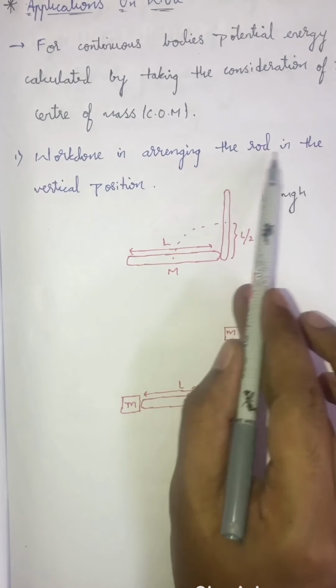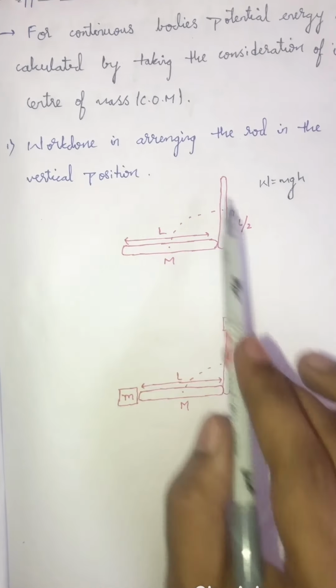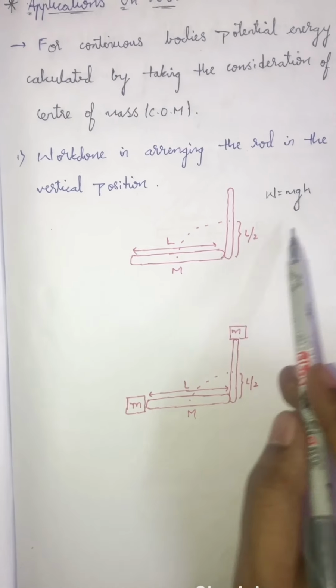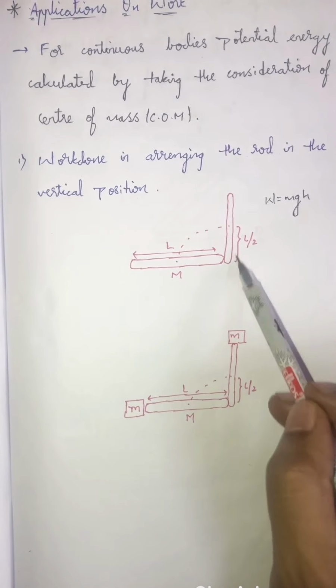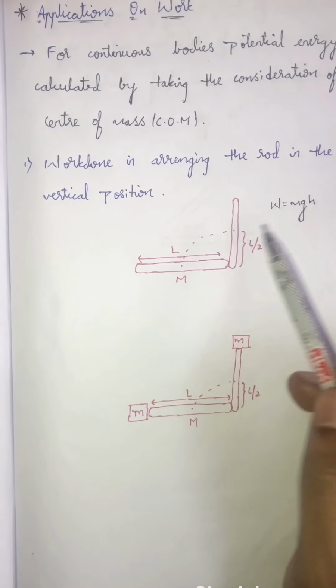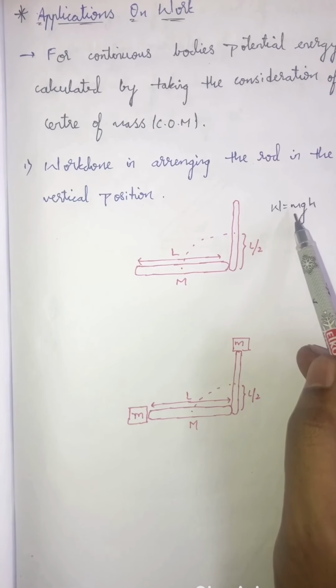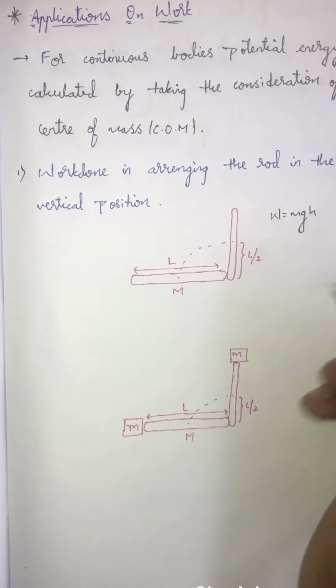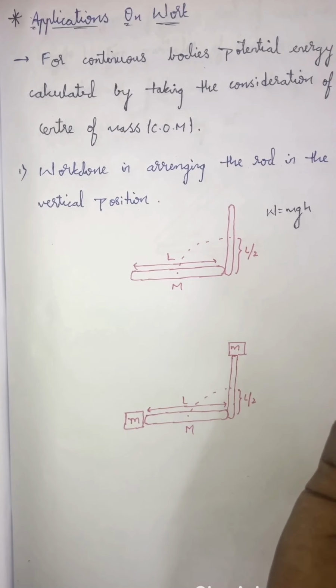Work done in arranging the rod in vertical position. Here the rod is in horizontal position. The work done in order to raise it to the vertical position, that is 90 degrees. Here work done is equal to mgh, where we know that work done is equal to force times displacement.